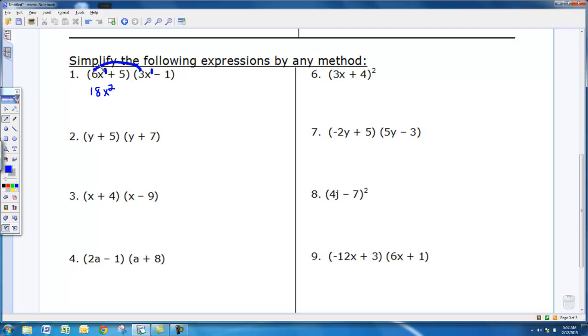Okay, now it's time for outer. 6x times negative 1 will give us negative 6x. Now it's time for inner. 5 times 3x will give us 15x.